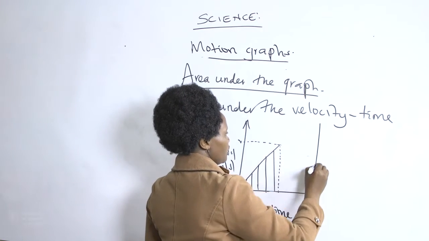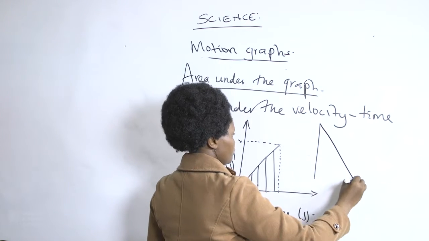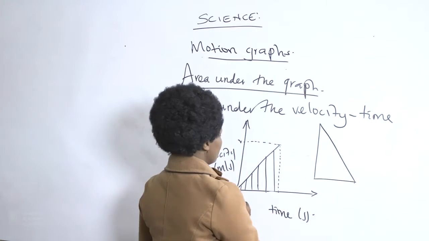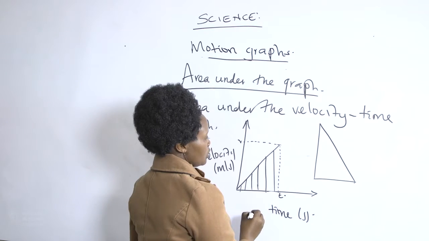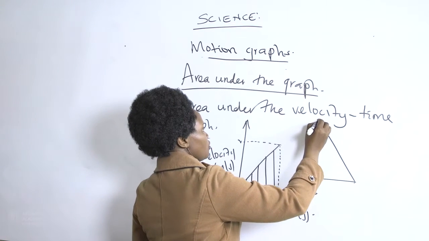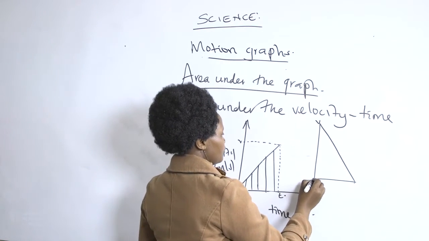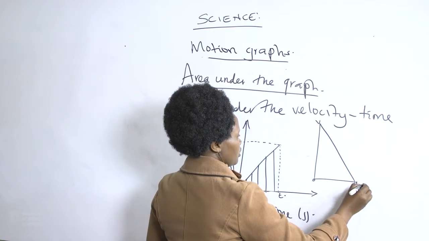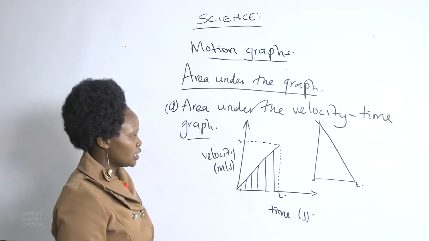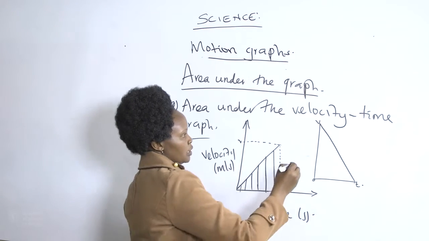We have a triangle whose height is V. This is the origin, and then we have time taken.